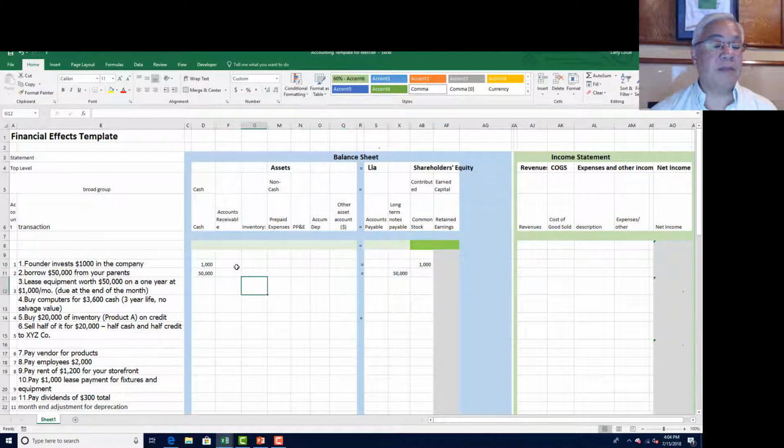Next, we have equipment that we lease for $50,000 for a 1-year lease at $1,000 a month. So let's take a pause there. Do we have to record the $50,000? You may recall the distinction between an operating lease and a capital lease. An operating lease is like renting a car for a weekend. You know, it's short term. You have no pretense of ownership.